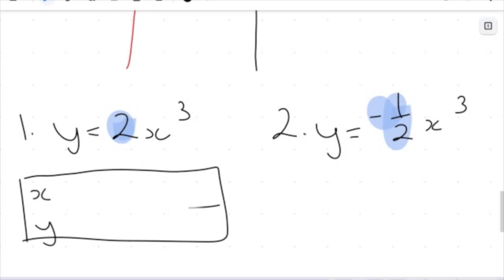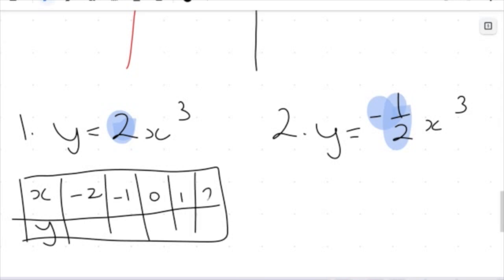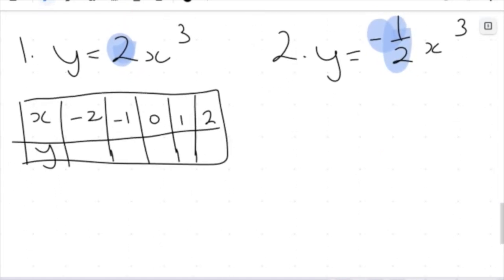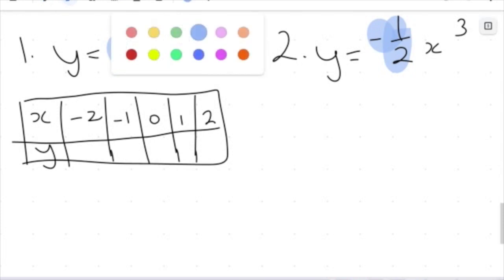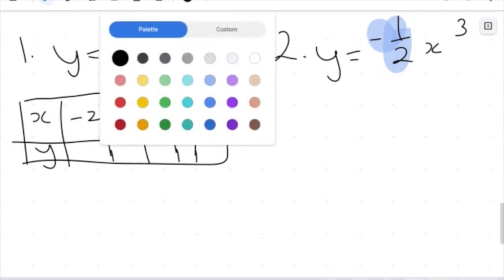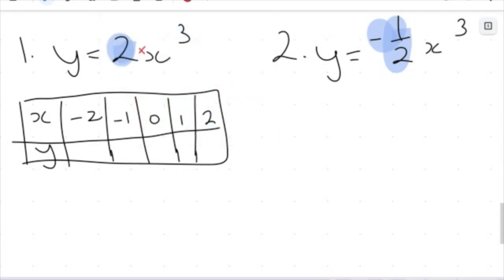Now let's draw up a table of values for this first one. X, y. Let's go from just -2 up to +2. Okay, so substituting in -2 in place of the x, this gives me -2 cubed, which gives me 8. But then remember, we have to multiply by this 2 in front of it.